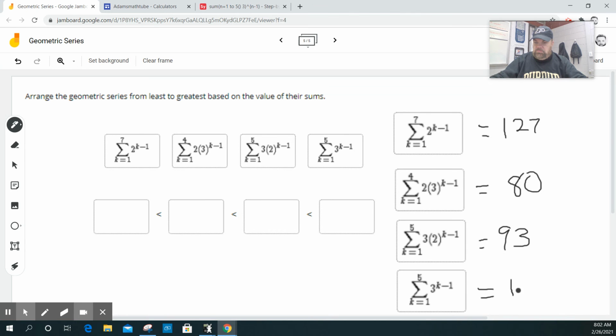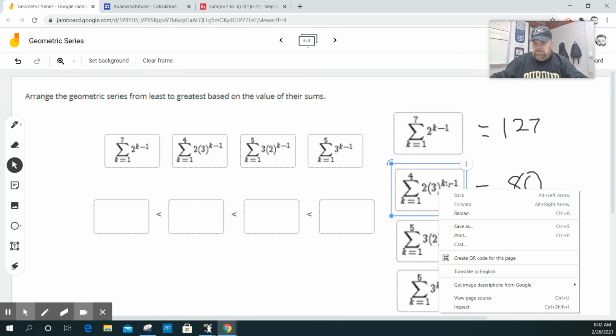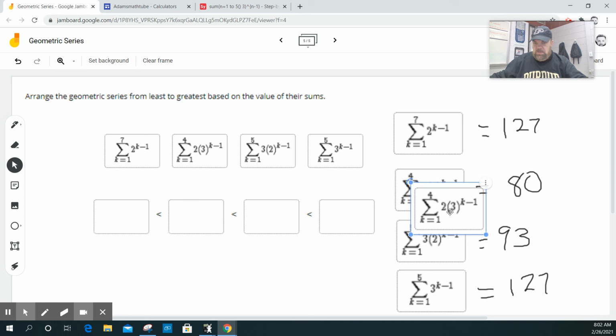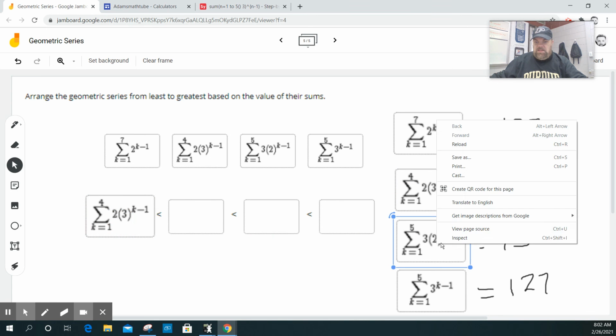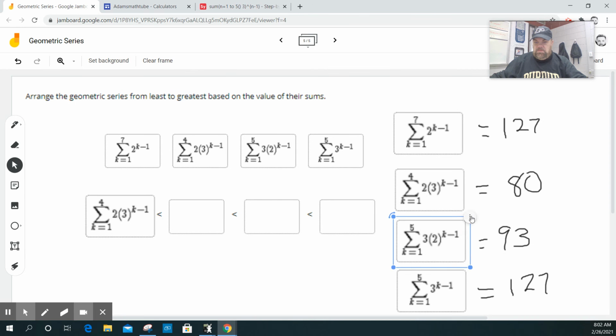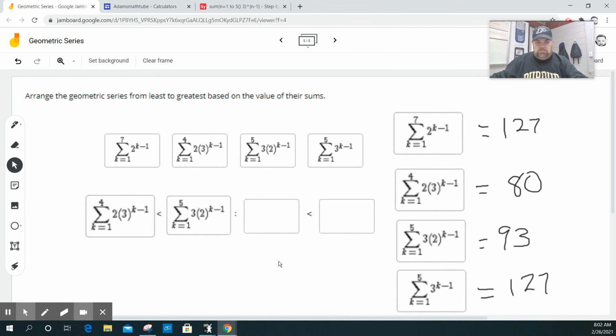Then we're going to put these in order. The first one is 80, so I'm going to put that one right here. The next one is 93, so I'm going to put that one right here. The next one, oops, I wrote down the wrong number. It's 121.